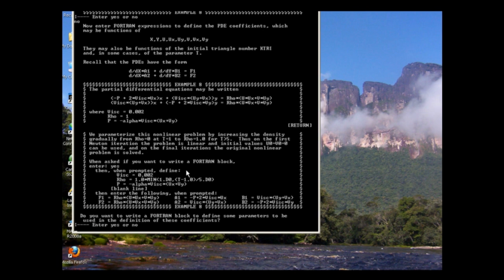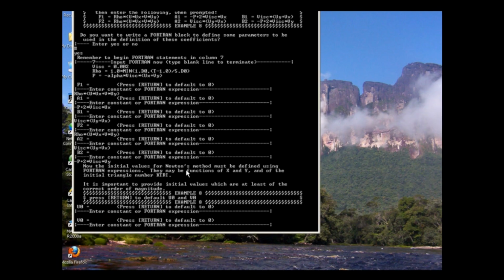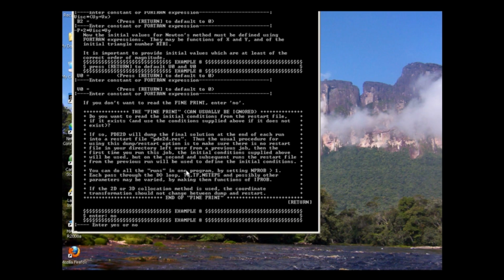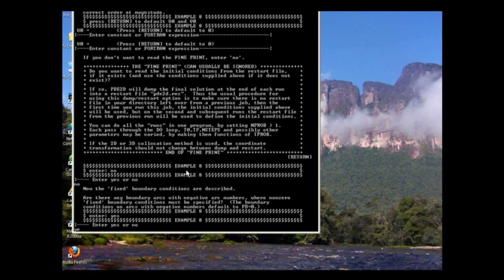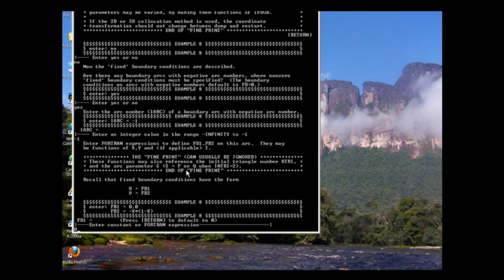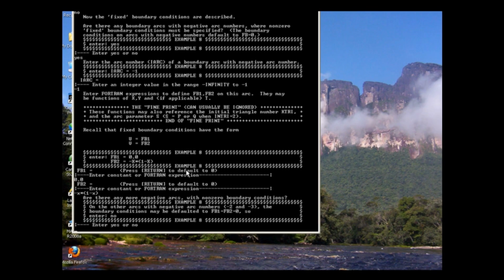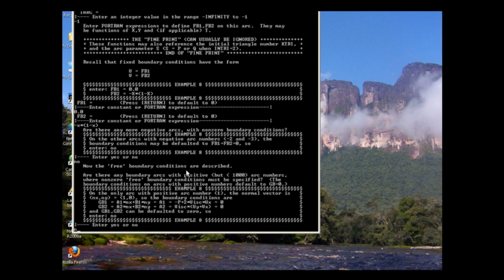Now the PDE coefficients are defined. I'm going to read them from a file again to save time here. The initial values can be defaulted. On the inlet boundary, we define the velocity components U and V. The rest of the boundary conditions can be defaulted.